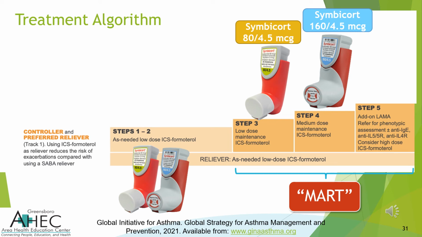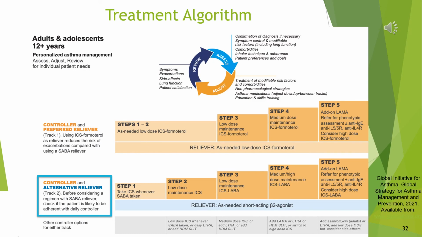The use of the ICS-Formoterol inhaler as both maintenance and reliever therapy has been proven to reduce the risk of severe exacerbations when compared to the same dose or higher of other ICS-LABA combinations with an as-needed short-acting beta agonist reliever. And that is why the inhaled corticosteroid formoterol combination is the preferred controller and reliever therapy option in the newest guideline. So that was track 1.